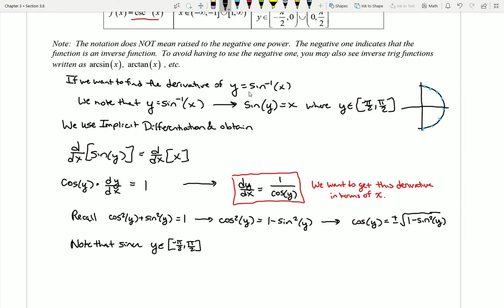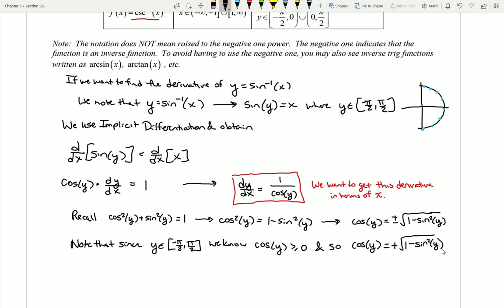Well, the x-coordinates for all those points would be positive, or at least not negative. They might be 0, maybe at the very bottom or up at the very top. So since y is in this range, we know that the cosine of y is greater than or equal to 0, meaning it can't be negative. And so we can state that the cosine of y is actually just equal to the positive square root of 1 minus the sine squared of y.